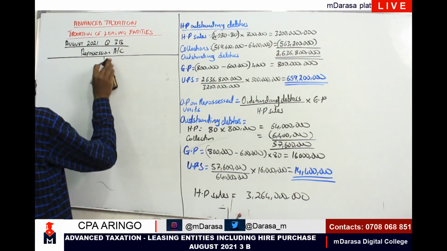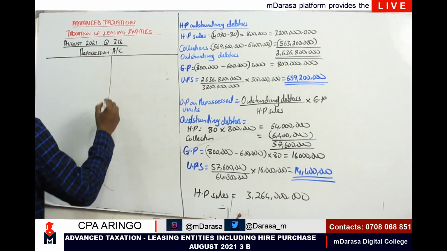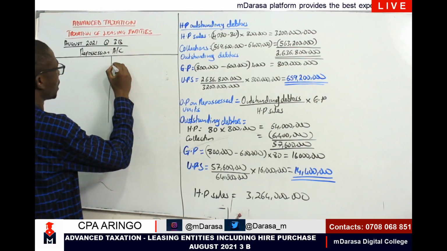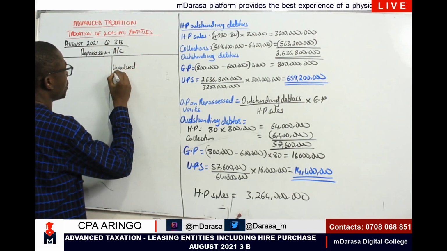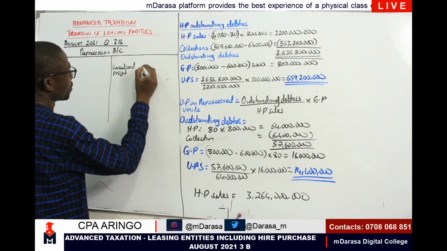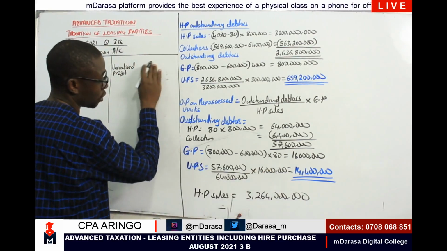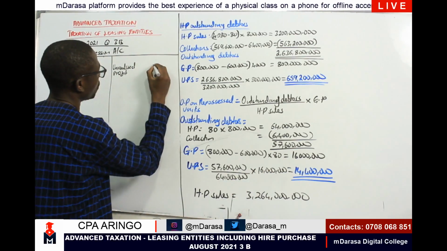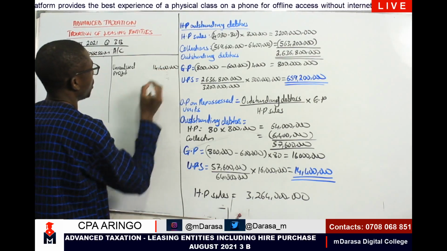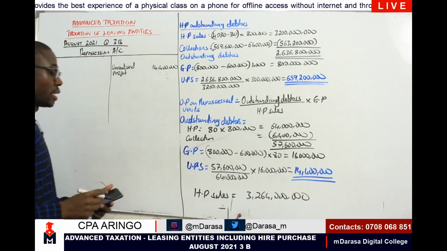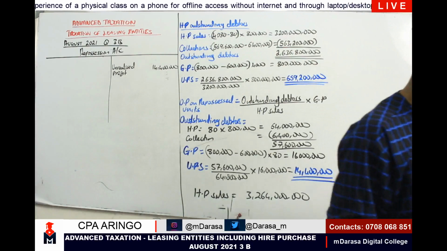Remember the format of the repossession account. This is the unrealized profit on repossessed goods. We do have 14.4, so we're having 14,400,000.